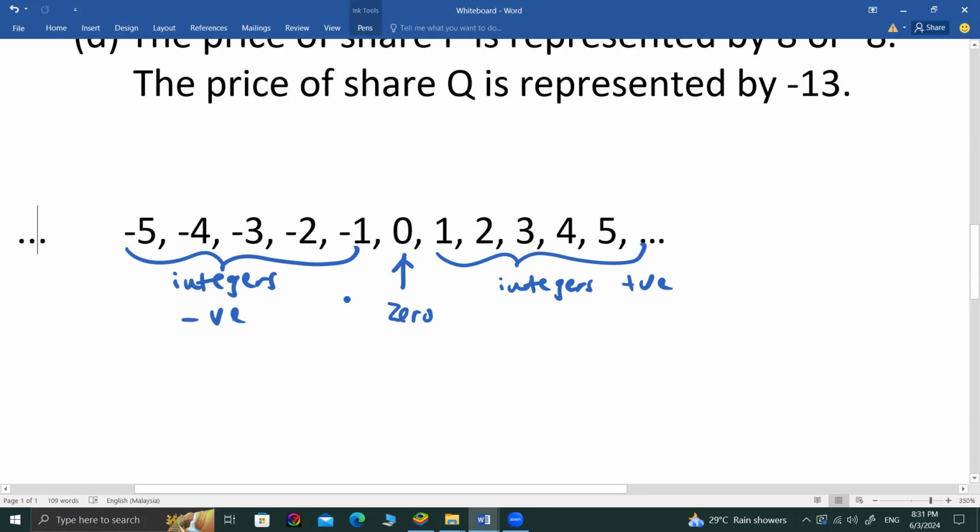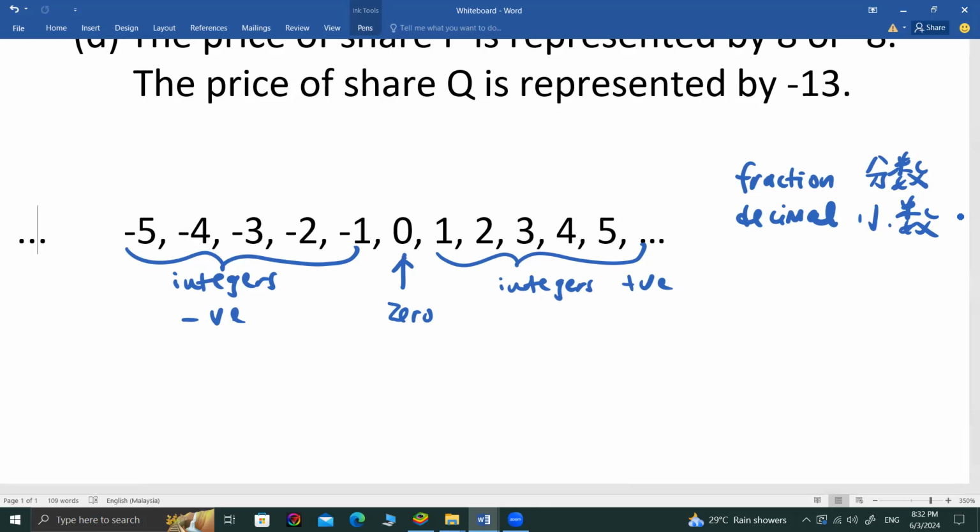So integers consist of no what? No fraction, no decimal. You can't have fractions, you can't have decimals. Got it? Integer, you can't have fraction, you can't have decimal.